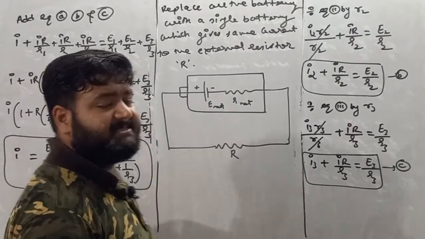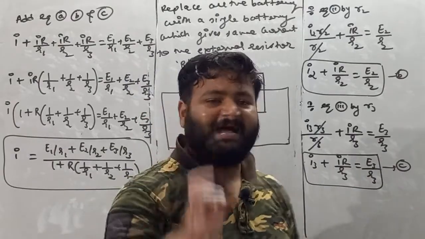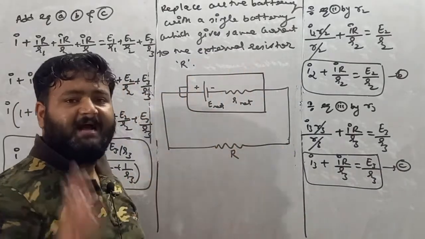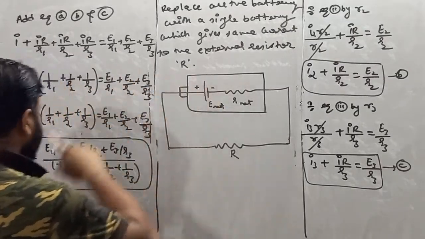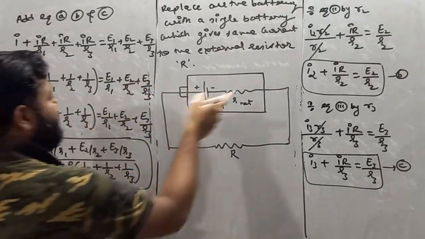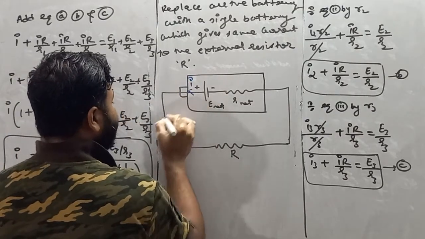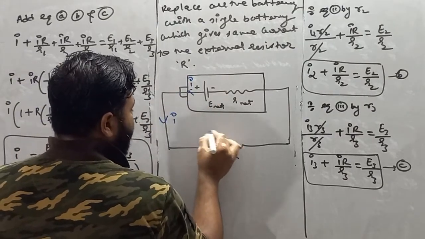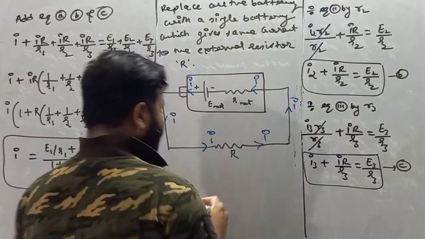So all the batteries can combine and give I current to the external resistor. This current and that current are the same because we are replacing all the three batteries. So I current is given by this battery to the external resistor capital R.